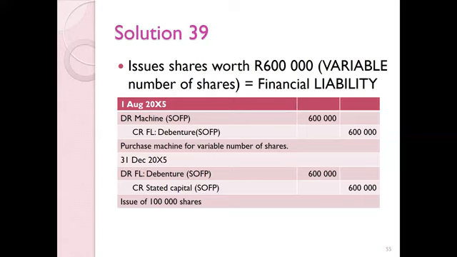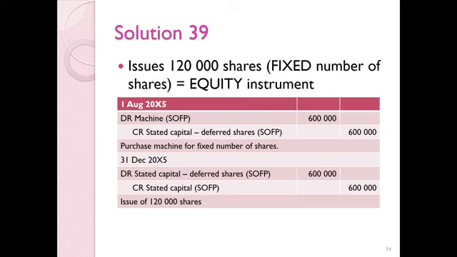So it's important to understand the difference: where the issue of shares relates to a Rand value, we use a financial liability in terms of our journal entries, whereas if we are issuing a certain number of shares, we're ultimately going to account for that as an equity instrument, the share capital itself.